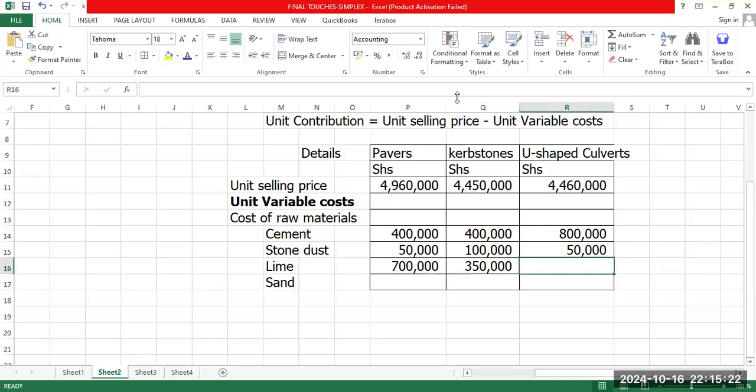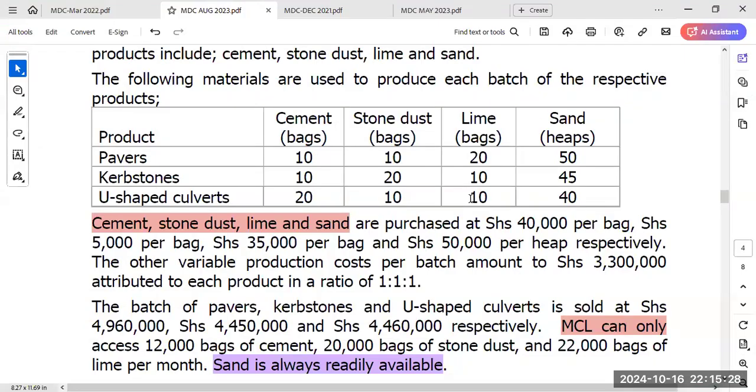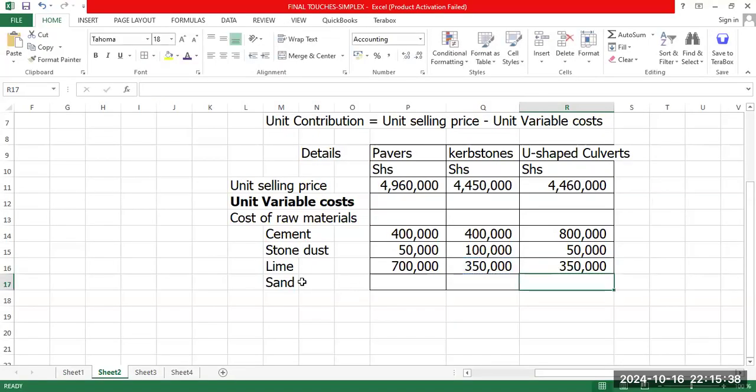Okay. Then lastly is what? Also the same, 10. 10 times 35,000. Which is the same figure.